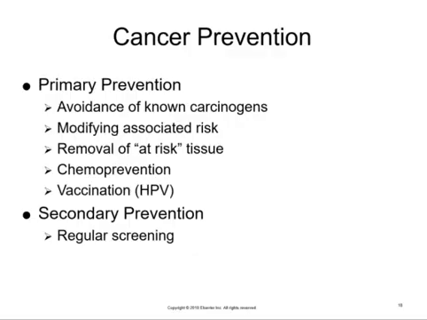We always want to focus on prevention. We don't want our clients to end up having an occurrence. So, primary prevention would be the avoidance of known carcinogens. So, we don't want our patients to smoke, as an example. Modifying associated risk factors, removal of at risk tissue.